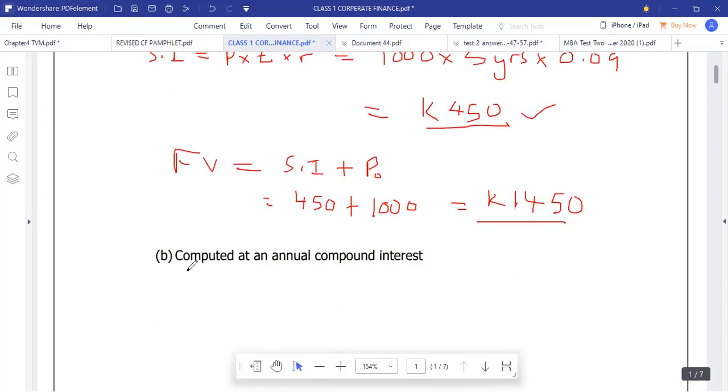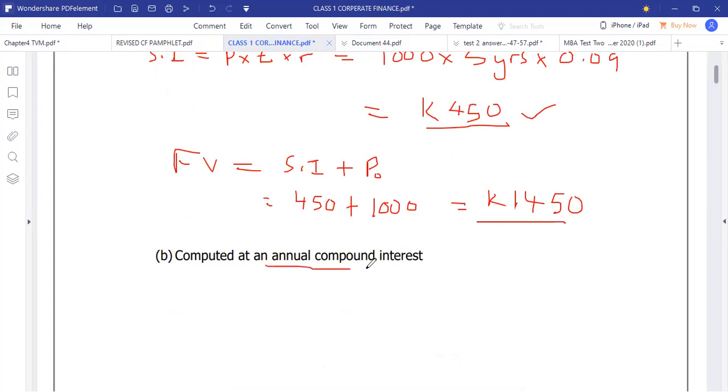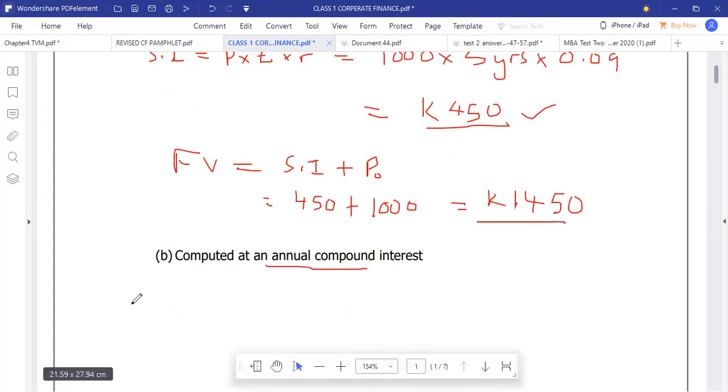So how about this part here? Find the future value if it's computed at annual interest rate. So the compound interest formula for future value, annual, what's the formula?